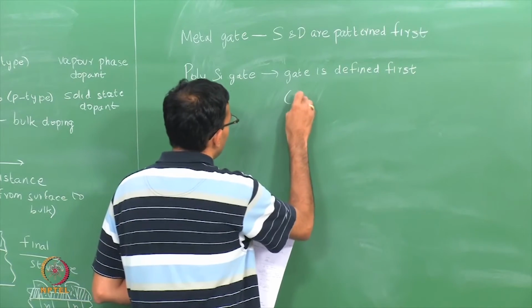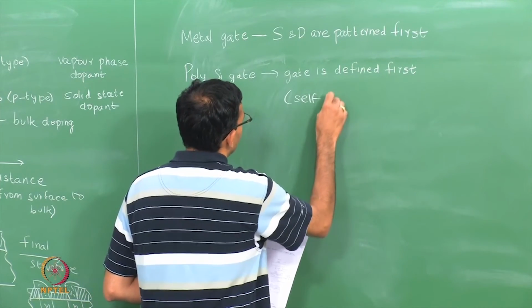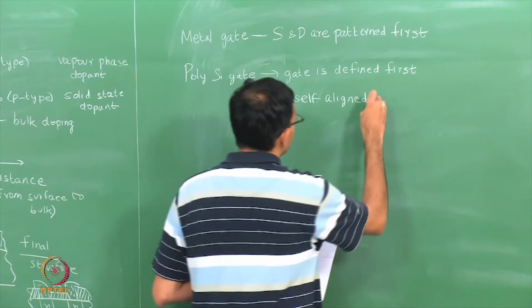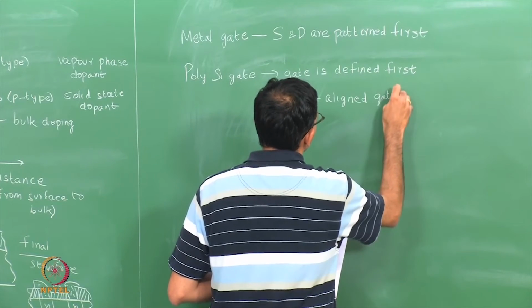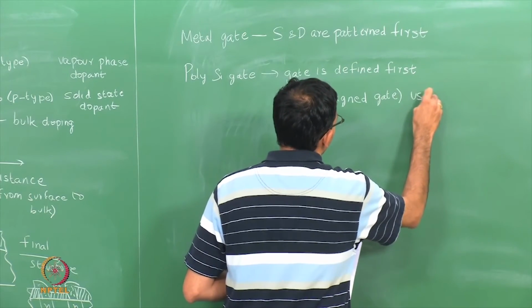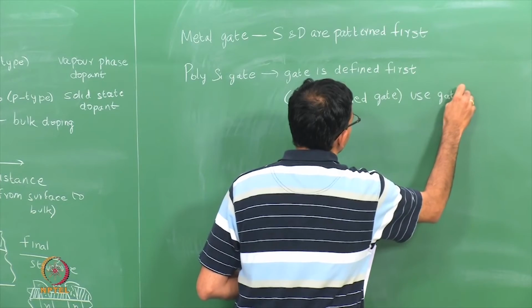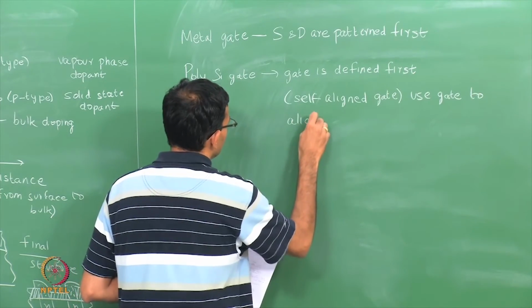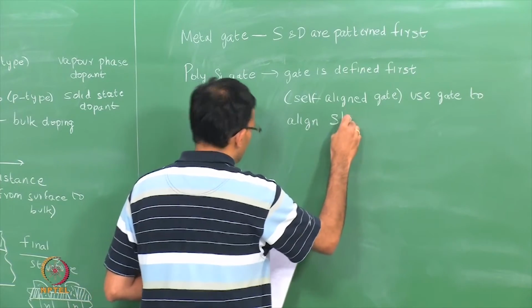So, this is an example of a self aligned gate, because you use the gate to align the source and the drain.